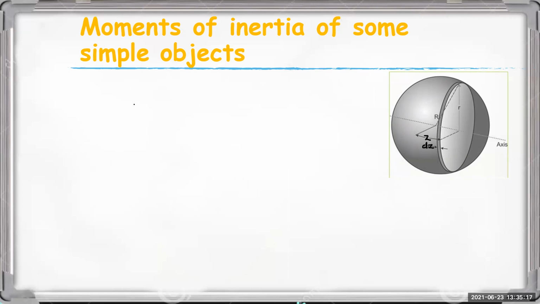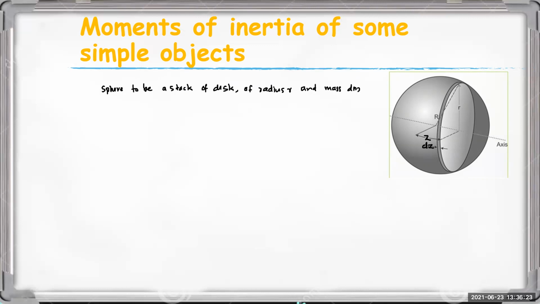So here we consider the sphere to be composed of a stack of solid disks having radius r, and we take the mass as dm.